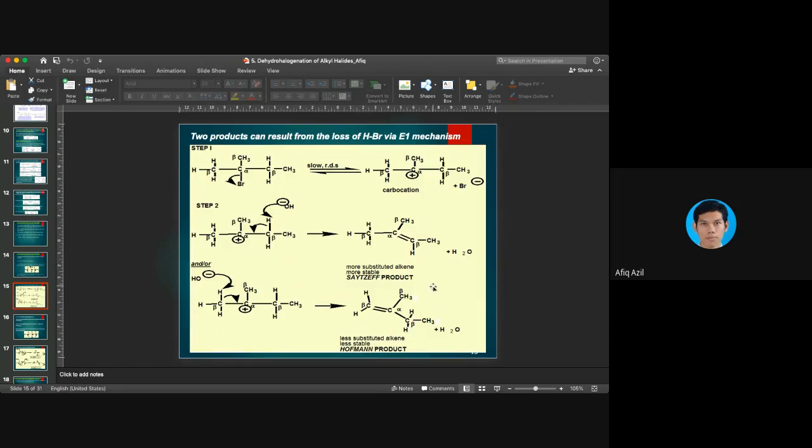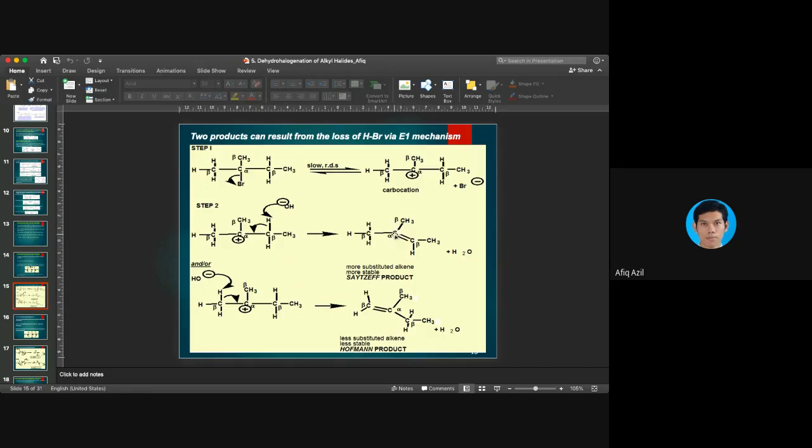Okay, once you have the products, you have to determine which is the more substituted alkene. What does it mean by more substituted alkene? You look at this C double bond C, and check at each carbon, is it bonded to any other carbons?